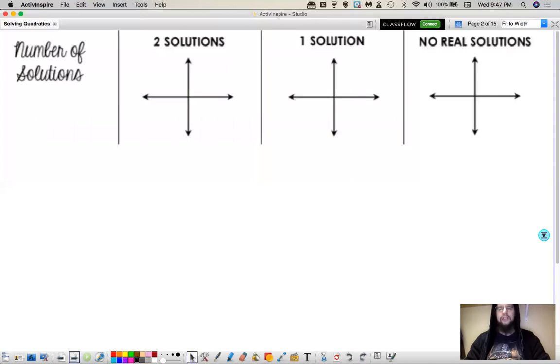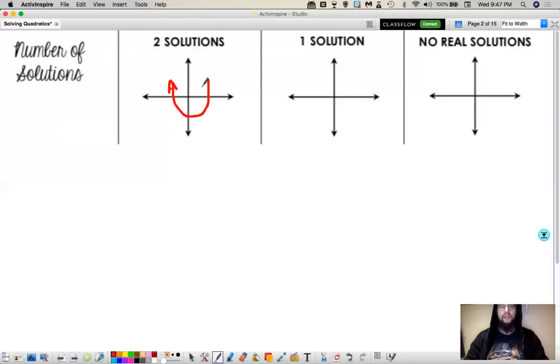So we have a few different scenarios here for a quadratic specifically. If we're talking about our parabolas, it could have two solutions. It could do something like this, or of course it could do something like this, either way. But it crosses the x-axis twice, you see? 1, 2. 1, 2.